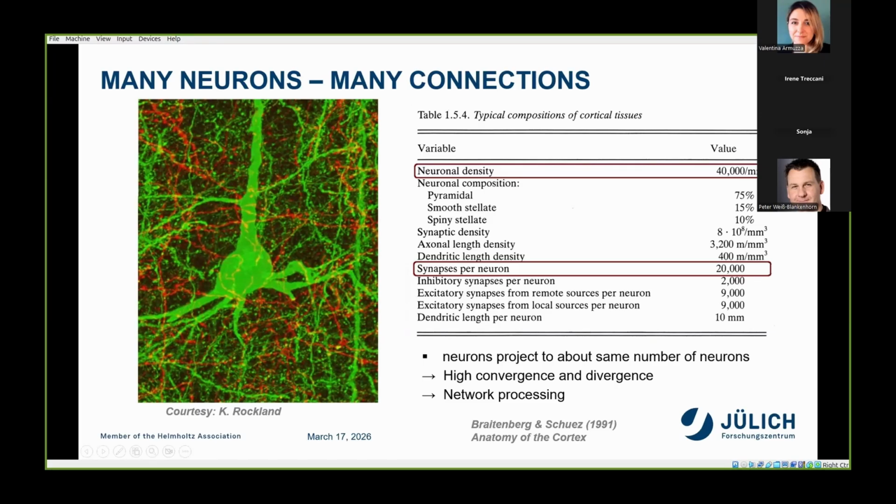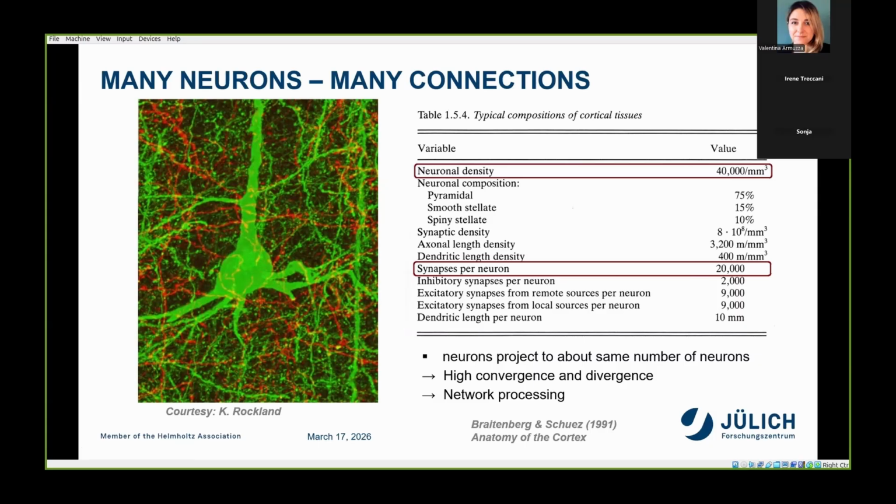You have per neuron on average in humans between 10 and 20,000 synapses, so contacts from other neurons to an individual neuron. This is also quite a lot, right? And an individual neuron is projecting to about the same number of different neurons.